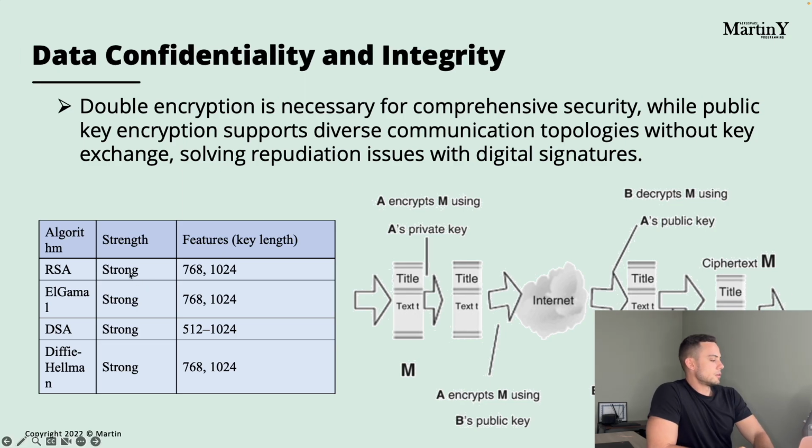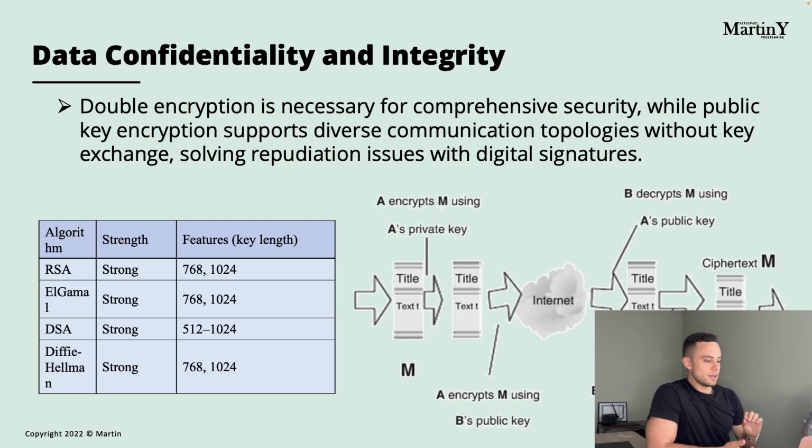Firstly, A is going to encrypt the message with their private key. Then A is going to encrypt the message again with B's public key. Then we will send the message to B, and firstly B will decrypt the message with A's public key, and then B will decrypt the result again with B's private key.